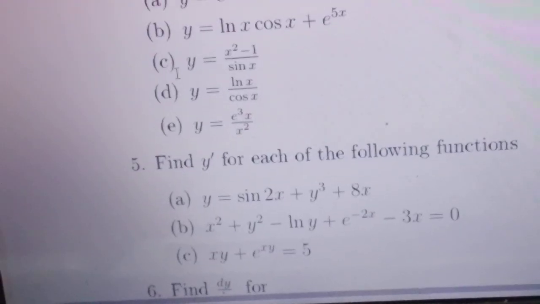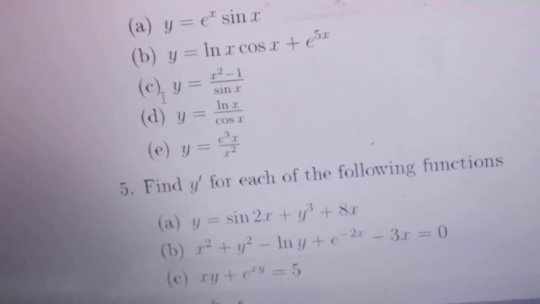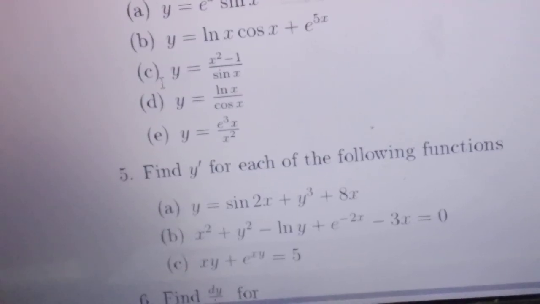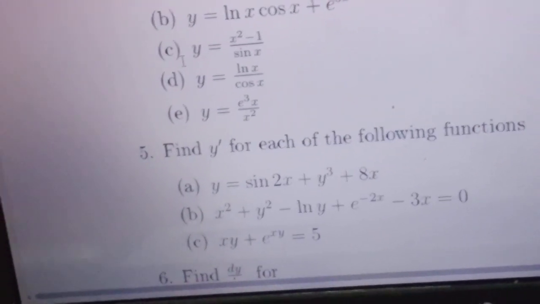Part D is saying y is equal to ln x over cos x. So even this one, you're doing the same thing. So we already know the formula.